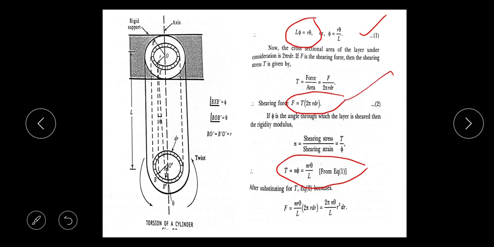We get F is equal to N R theta divided by L multiplied by 2 pi r dr, that is equal to 2 pi N theta divided by L multiplied by r square dr. So now we have one equation for force, that is the force equation.